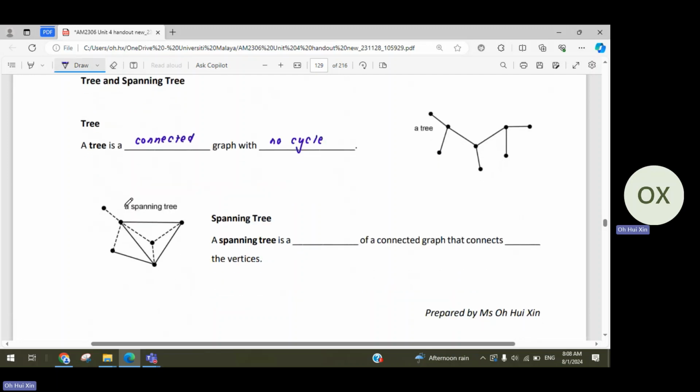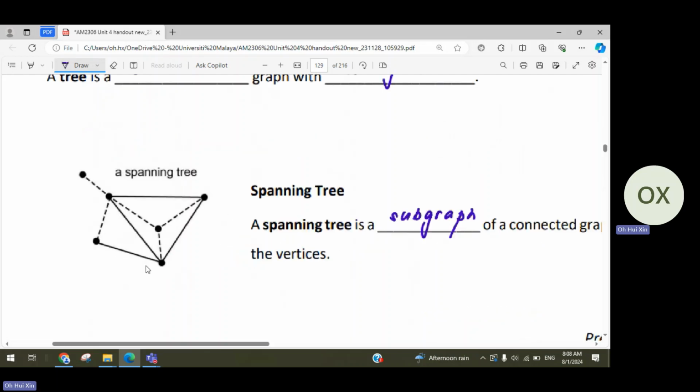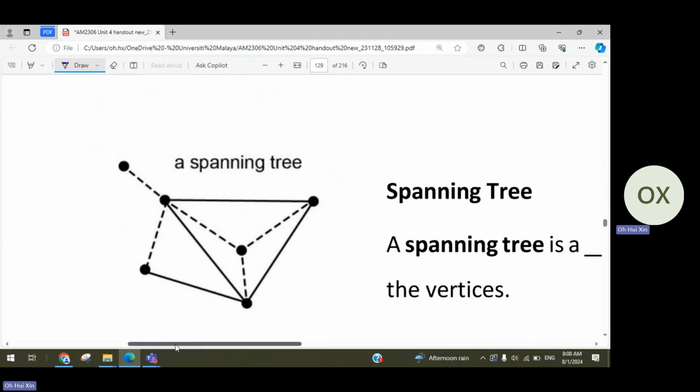Okay, so after we understand what a tree is, now what a spanning tree is. For a tree, we are referring to a graph, but for a spanning tree, we are referring to a subgraph. A spanning tree is a subgraph of a connected graph that connects all the vertices. For example, you can see that this is a graph, and the part with the dotted line that you are seeing here is a spanning tree.